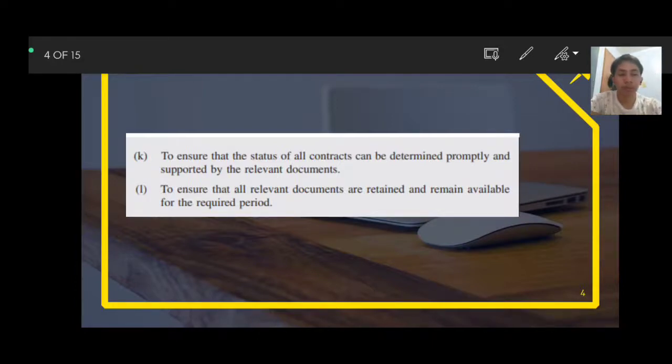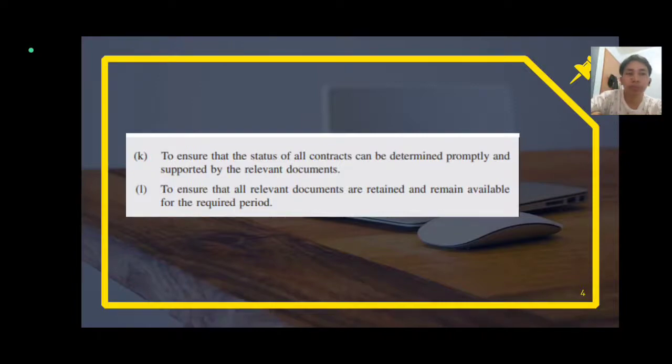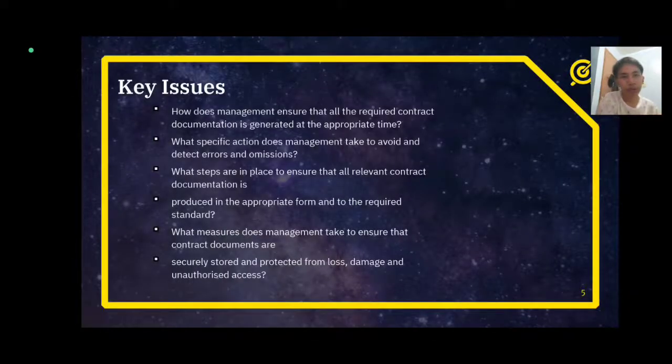So, next is yung key issues, kasi ang dami nung key issues doon. So, pumili na lang ako ng limang issue na sa tingin ko yung pinaka-importante.